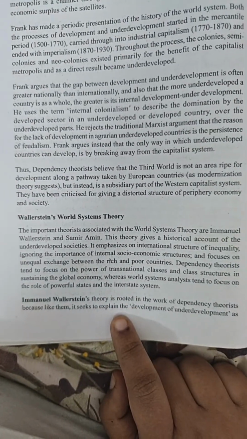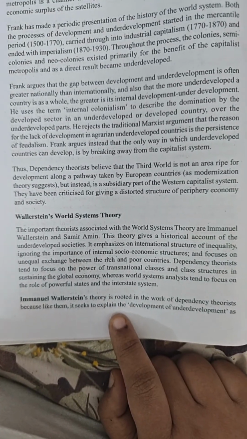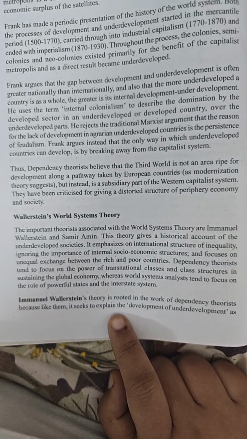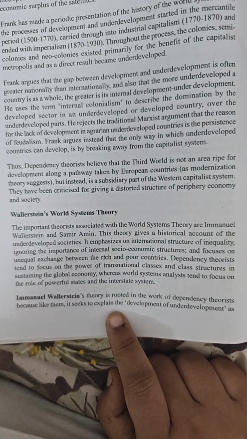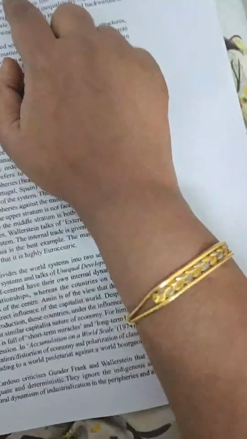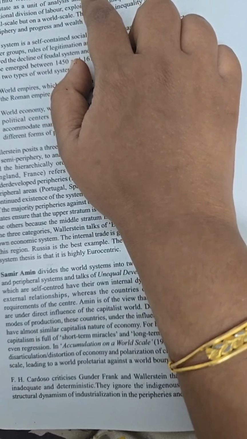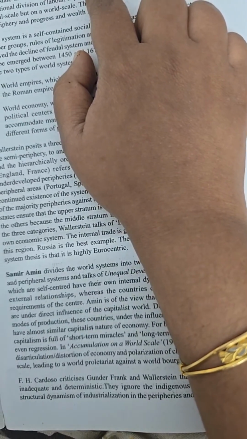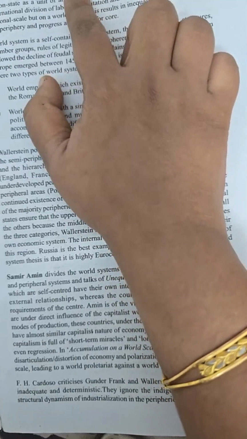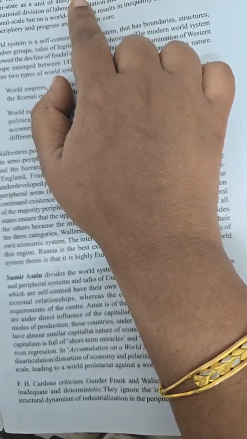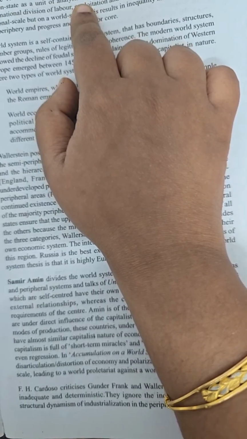Immanuel Wallerstein's theory is rooted in the world of dependency theories because, like them, it seeks to explain the development of underdevelopment as a consequence of the growth of the capitalist world economy. It is a dialectical process. Development of the first world is consequently understood along with the underdevelopment of the third world.